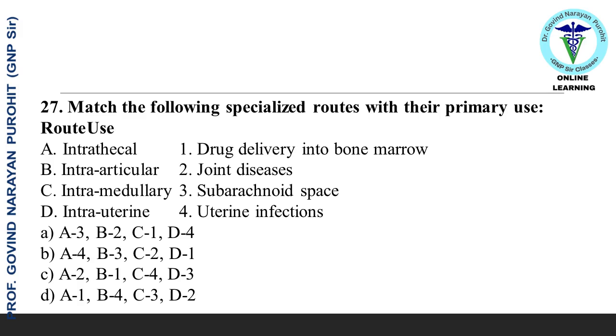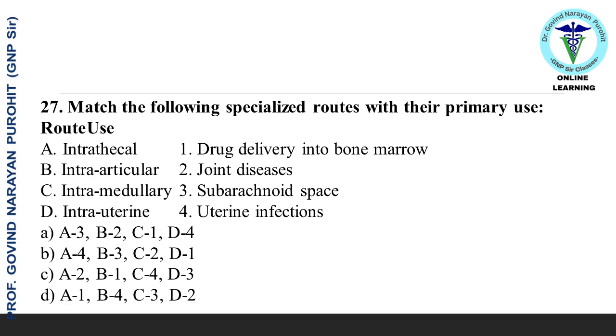27. Match the following specialized routes with their primary use. A. Intrathecal, 1. Drug delivery into bone marrow. B. Intra-articular, 2. Joint diseases. C. Intramedullary, 3. Subarachnoid space. D. Intrauterine, 4. Uterine infections. A. A3, B2, C1, D4.